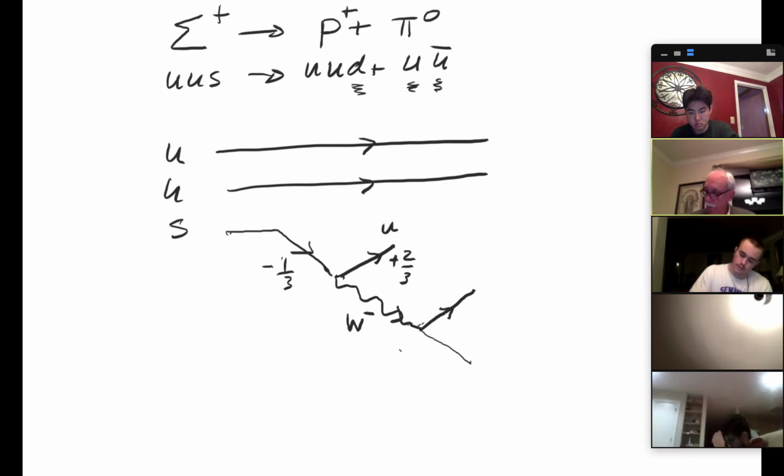So if it's coming this way, this one has to point in here. This one has to point out here. So this would be the antiparticle, so that would be a U bar, and this would be a D. Does that work charge-wise?